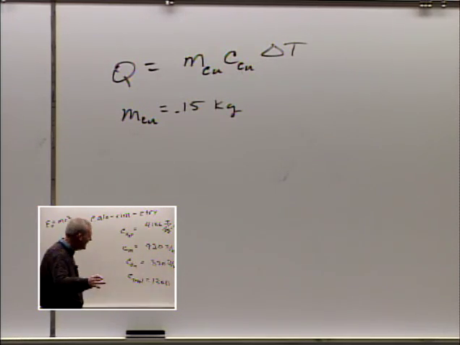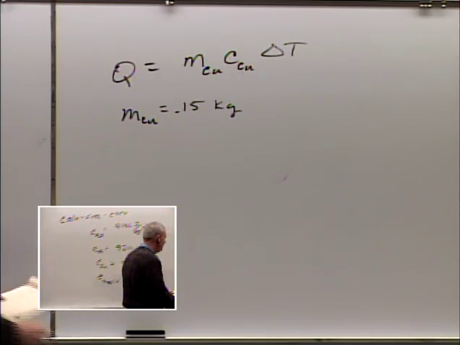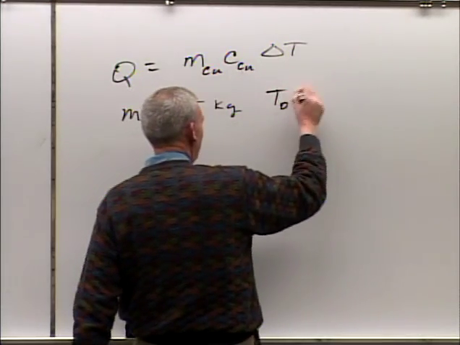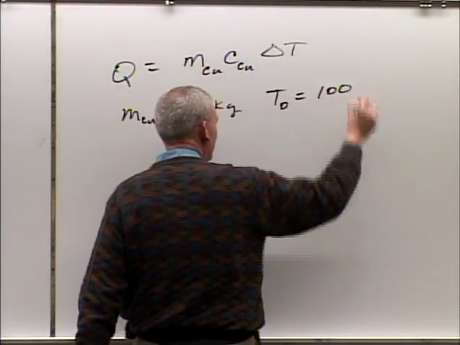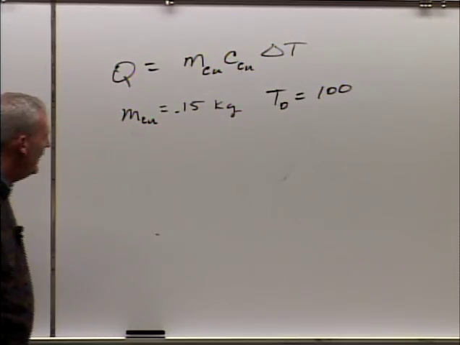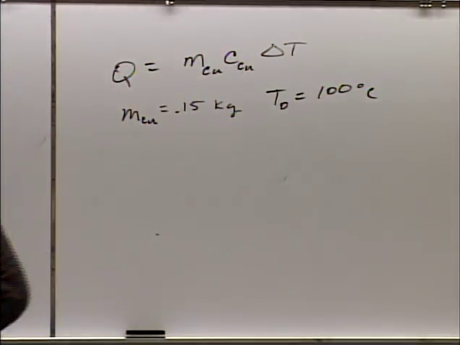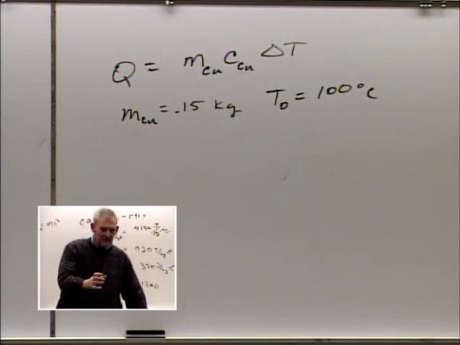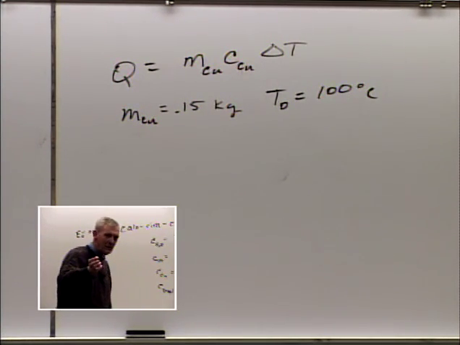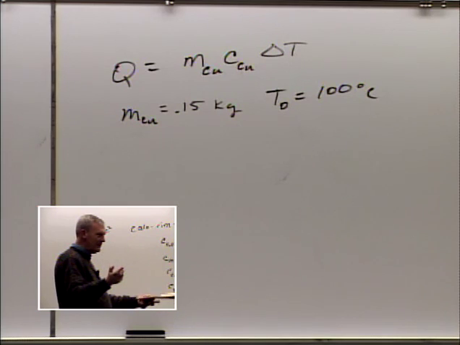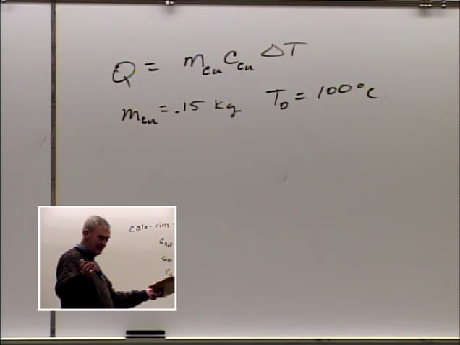So its initial temperature, T naught, is equal to 100. Okay? And then we quickly take that thing out, drop it into this little aluminum cup with 0.2 kilograms of water in there, and wait for it to reach its equilibrium temperature.